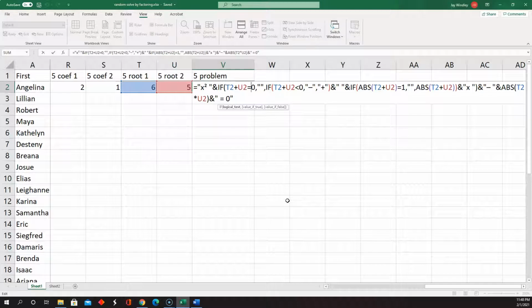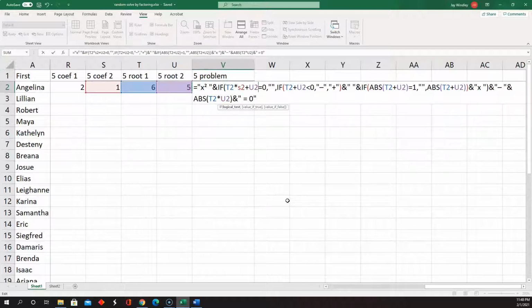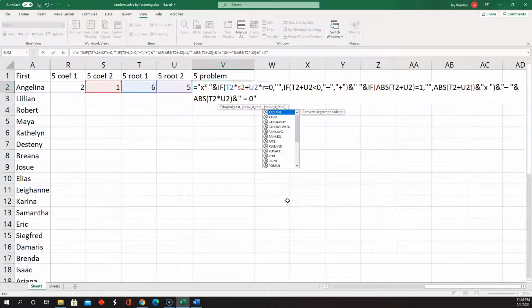So instead of t2 plus u2, it's not just the sum of those two, it's the sum of t2 times the coefficient of x in the second parenthesis and u2 times the coefficient of x in the first parenthesis.